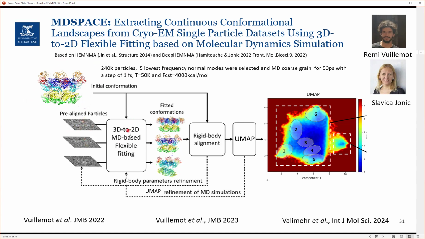The output of this method is a large series of atomic models, which you can then classify to understand the conformational heterogeneity. And you use dimensionality reduction such as UMAP, which works really well for this method, to plot the different structures in a vectorial space. So you have component 1 and component 2, and each little dot in this map corresponds to one model.